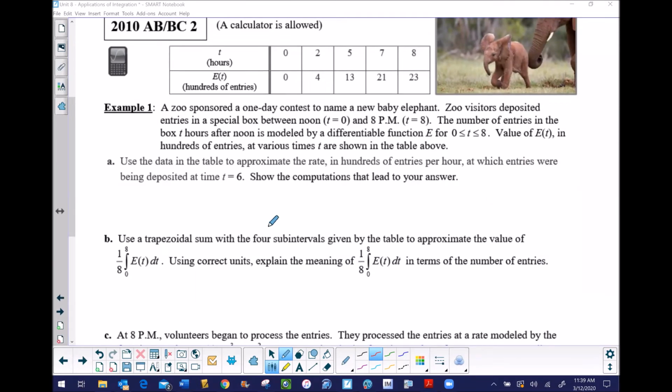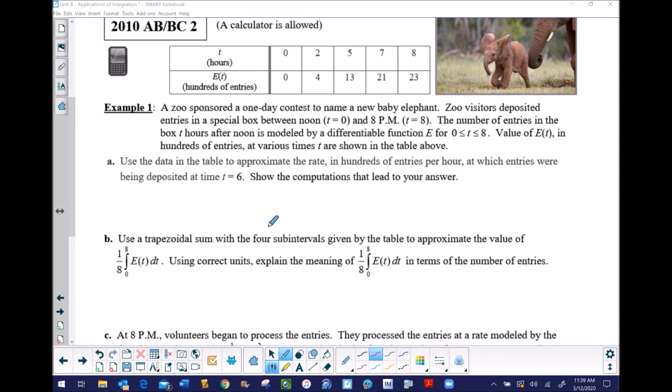So here we've got a zoo that sponsors a one-day contest to name a new baby elephant. Zoo visitors deposited entries into a special box between noon and 8 p.m. The number of entries in the box t hours after noon is modeled by a differentiable function E for 0 ≤ t ≤ 8. The values of E(t) in hundreds of entries at various times t are shown in the table above.